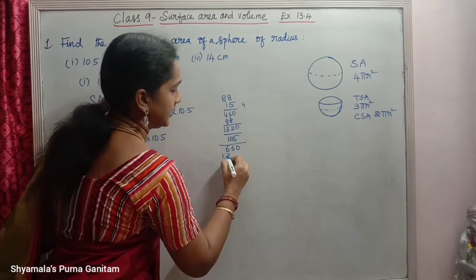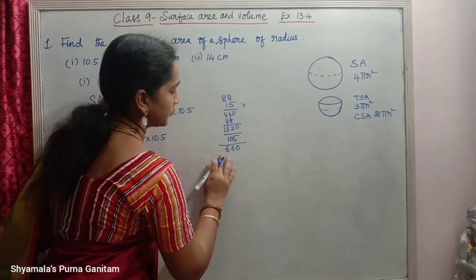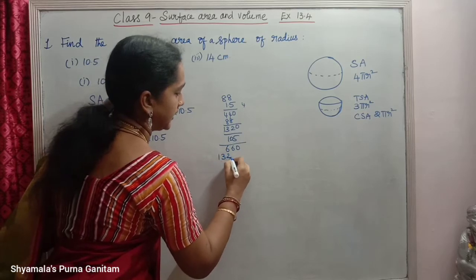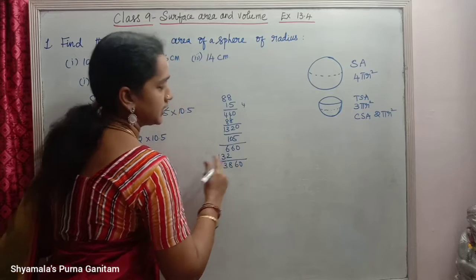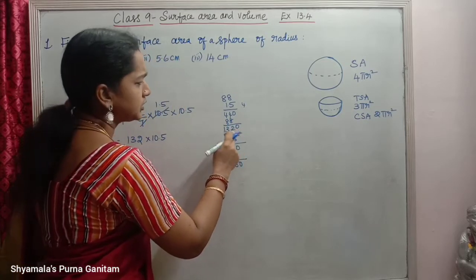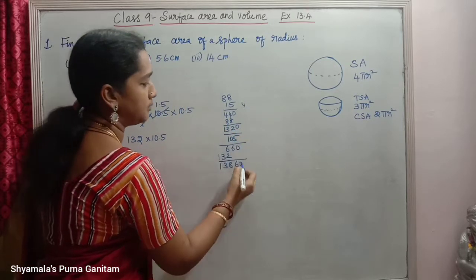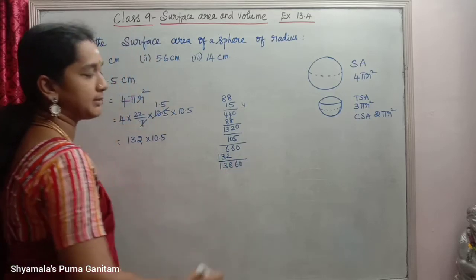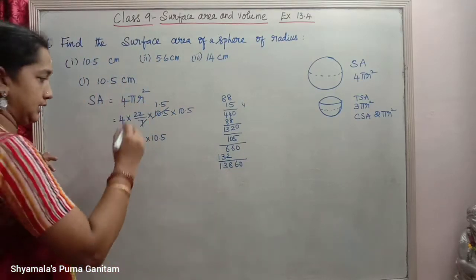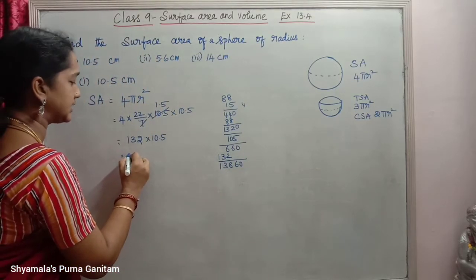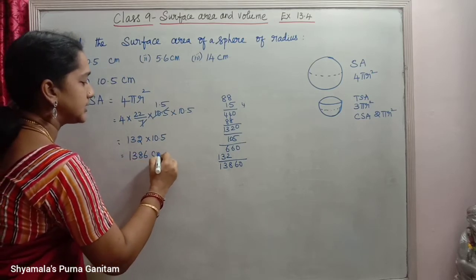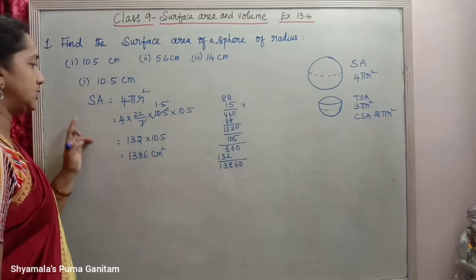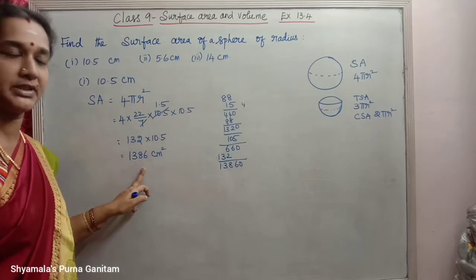Then 132 into 10.5. So after one decimal place, if you keep the decimal point, we will get the answer as 1386 centimeters square. So this is the surface area for the first one.